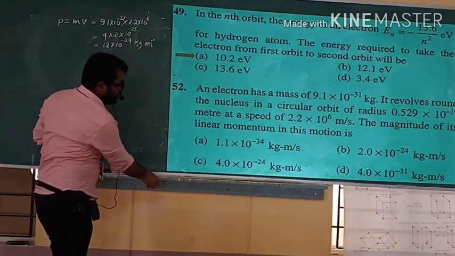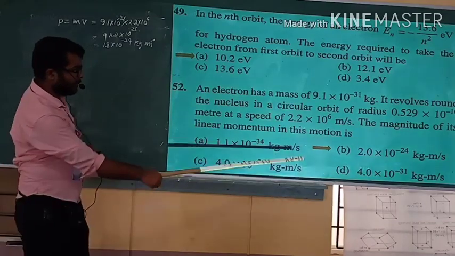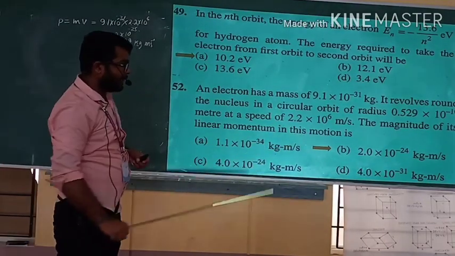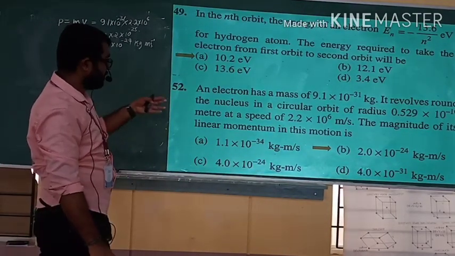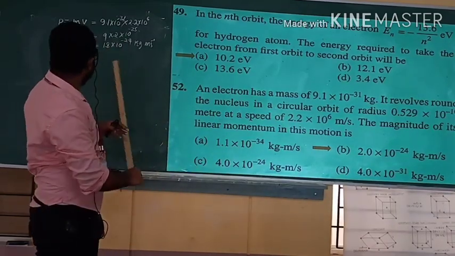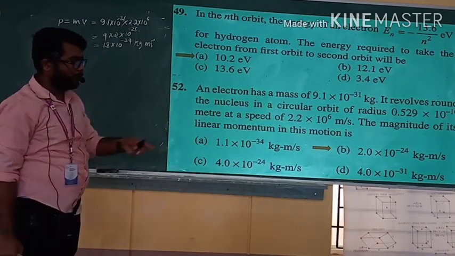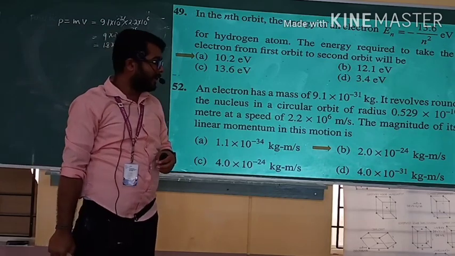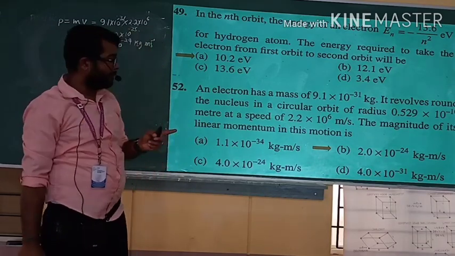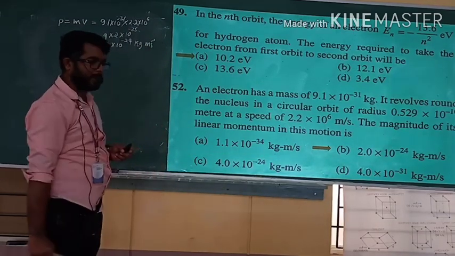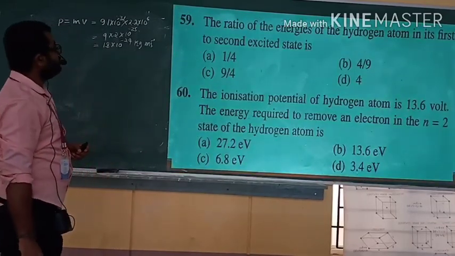So the answer is B. Taking the near value, 1.8 is nearly equal to 2, so 2 into 10 to the power minus 24 kg meter per second.